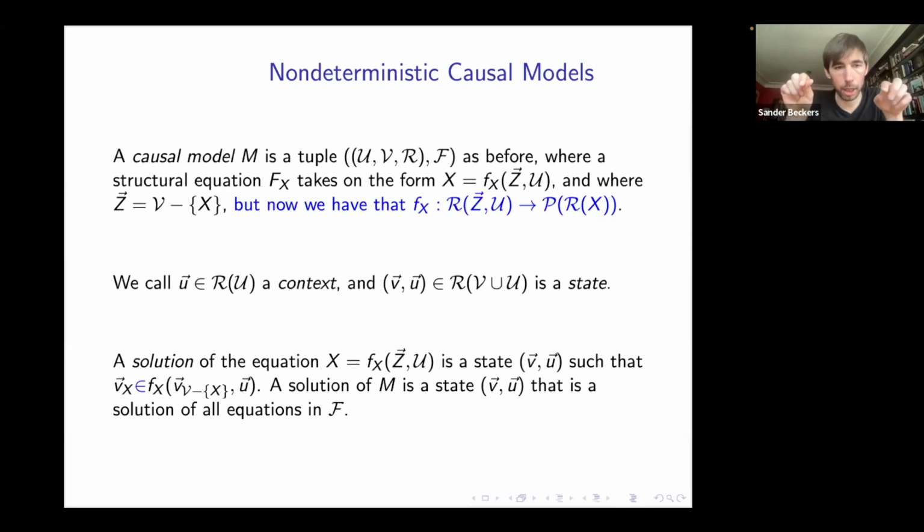So Vx is an element of Fx when applied to V without X and U. That's for a single equation. A solution of the entire causal model is a state which is a solution of all the equations. So the only difference with the deterministic case is that we don't have a unique solution. We could have many solutions to the equations, even if we hold fixed the context.